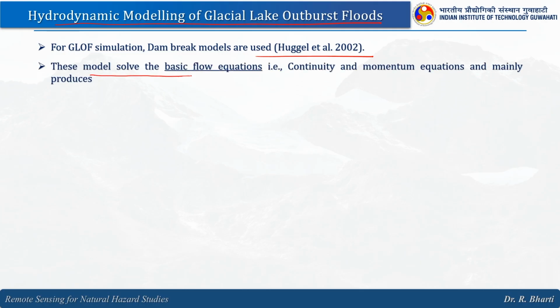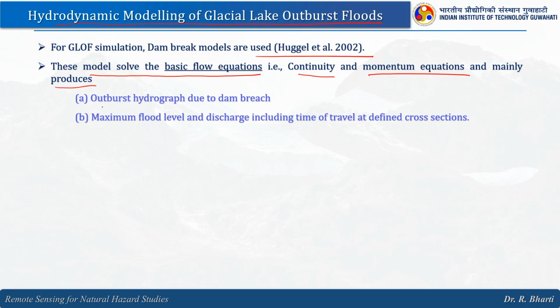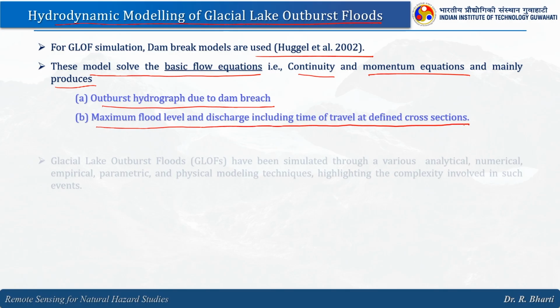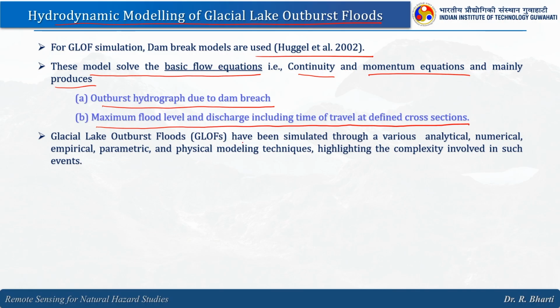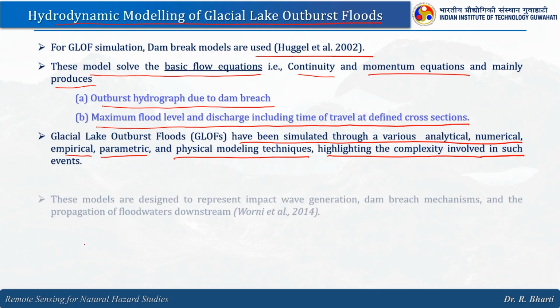These models solve the basic flow equations, continuity and momentum, and mainly produce the outburst hydrograph due to dam breach, maximum flood level, and discharge, including time of travel at defined cross sections. Glacial lake outburst floods have been simulated through various analytical, numerical, empirical, parametric and physical modeling techniques, highlighting the complexities involved in such events.